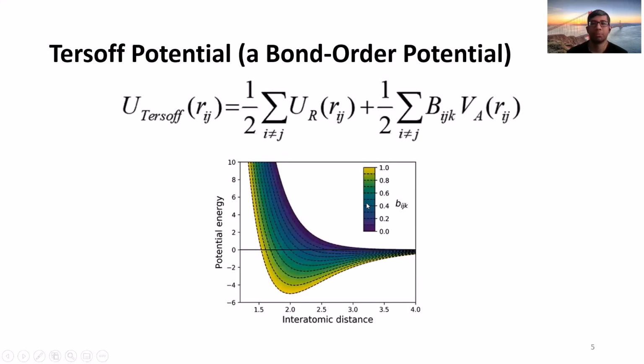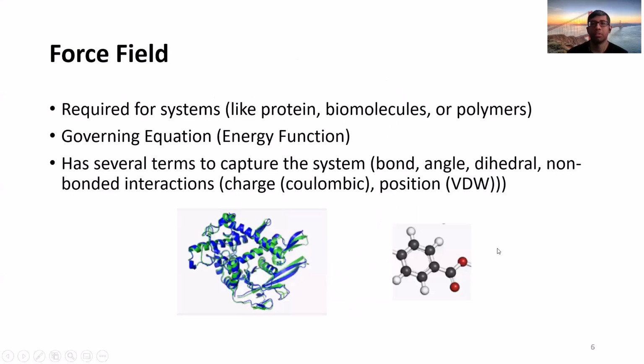This is just a flashback of the previous Tersoff potential lecture, where we described how to define potential energy in terms of not only the position, but also the bond order. Now we have an overall idea of what a force field is. A force field is the very definition of the system in terms of potential energy, the energy state of the system.